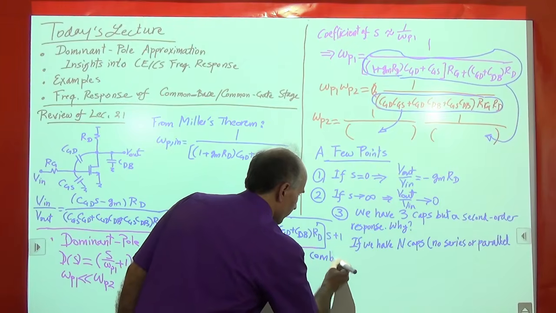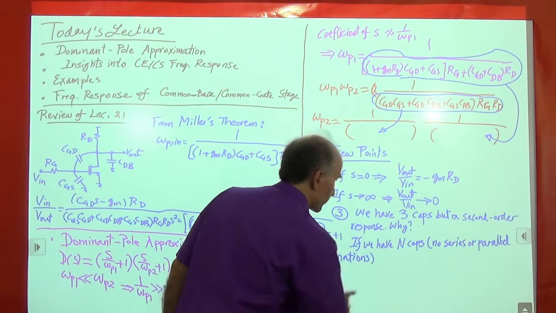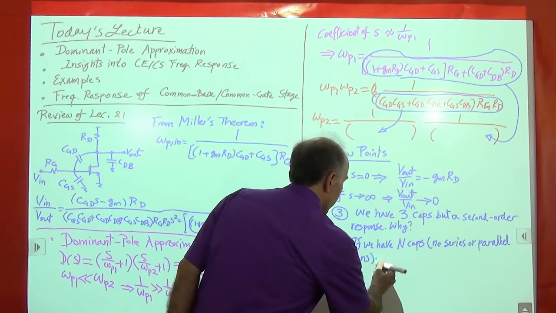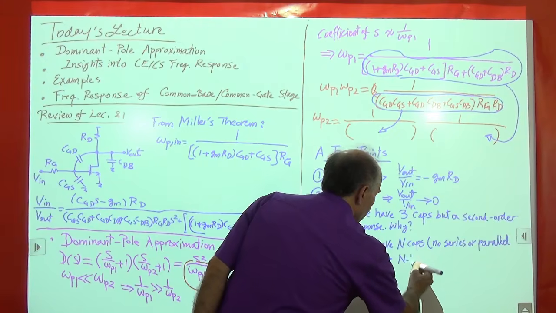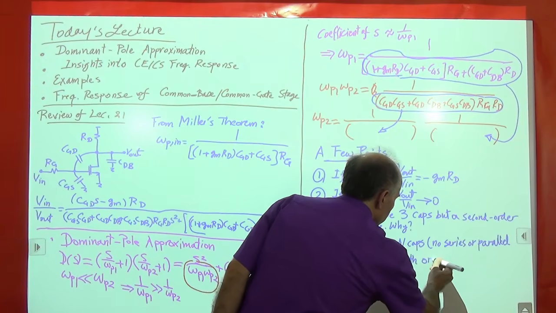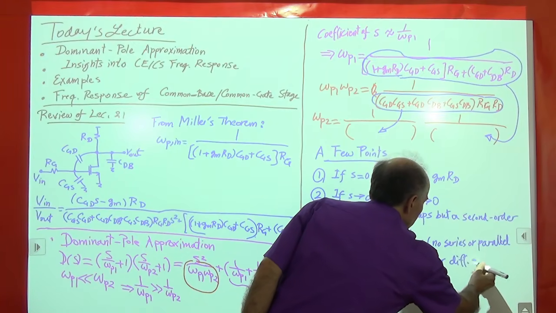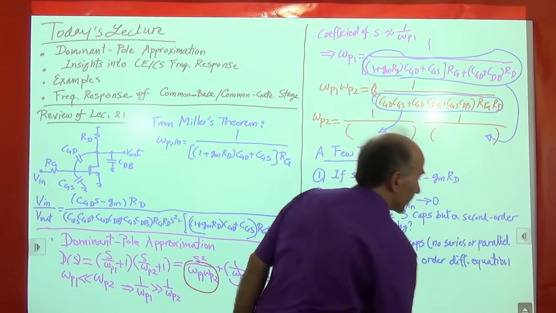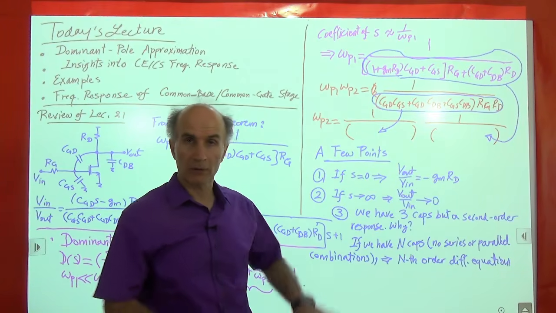Because those obviously will simplify, so we'll simplify those. If you have n caps, you would expect an nth order differential equation for the time domain behavior of the circuit, right? So don't worry about transfer function yet.